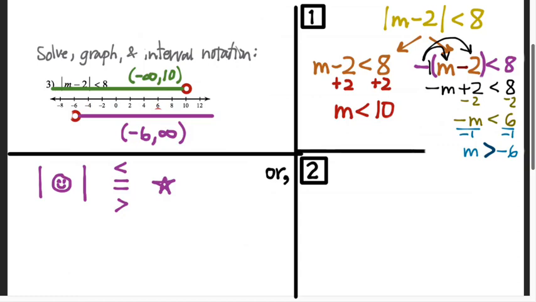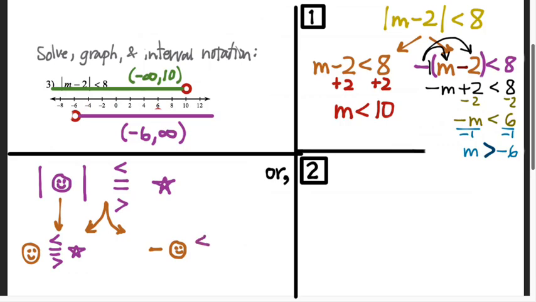An absolute value, when it goes away, always leaves us with both the original quantity itself, but then also the opposite of that same quantity. But the rest of the equation or the inequality remains the same. Equals star, or less than star, or greater than star, or whatever.